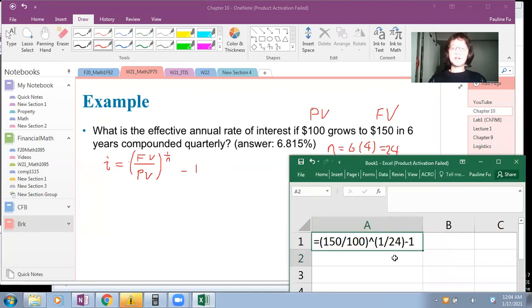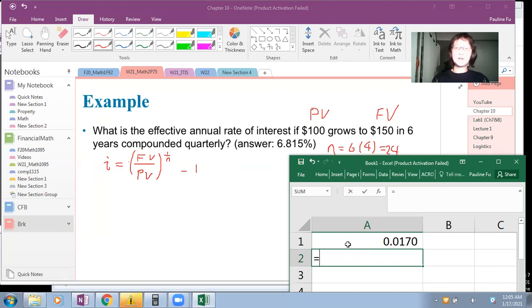Okay, so this is my Excel. Excel calculates this, and this I is just the periodic rate. You have to multiply this by 4, because the question asks for the effective annual rate.